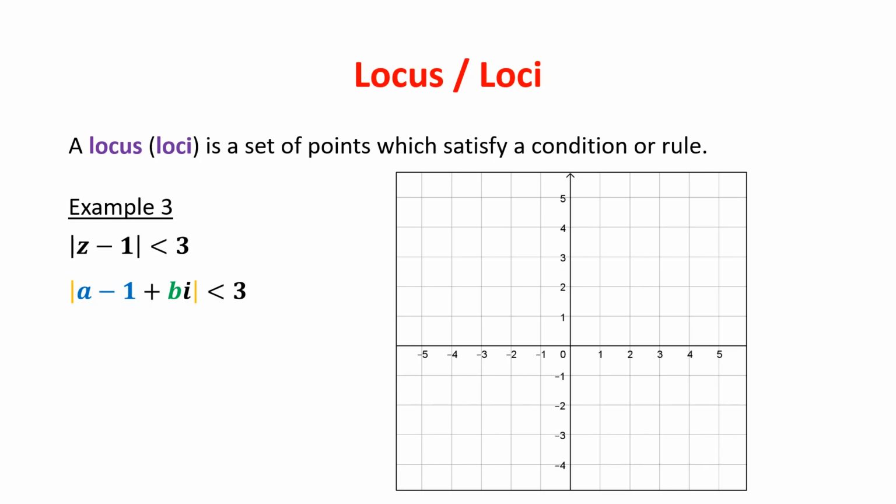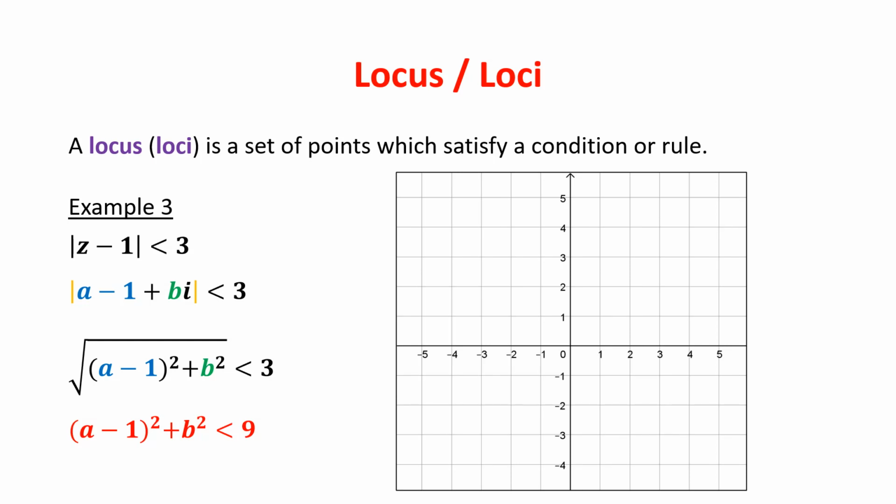Again, we've got the modulus, so we once again work through the modulus of squaring the real bit plus squaring the imaginary bit, adding them and square rooting it all to get my modulus. Again, I have to square both sides to get rid of my square root, and I'm left with this equation, a minus 1 all squared plus b squared is less than 9.